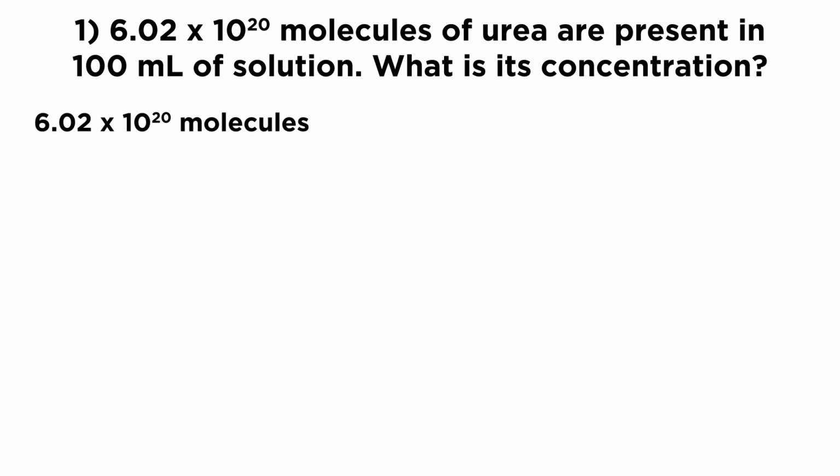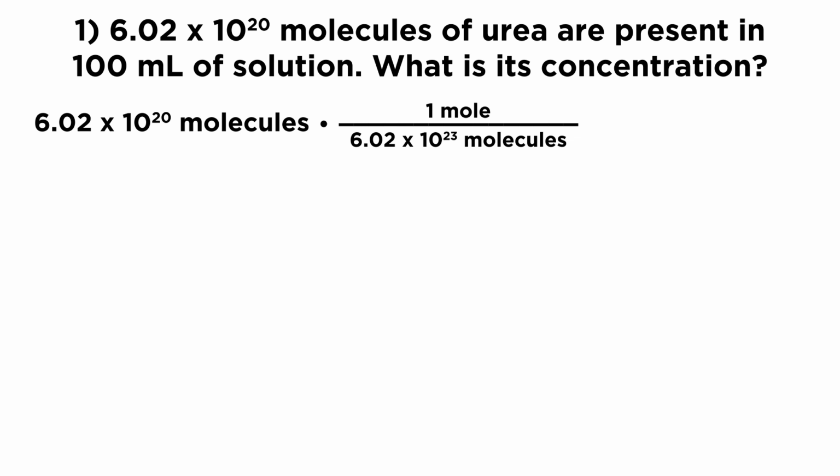So for this first question, the only data we have is 6.02 times 10 to the 20 molecules of urea. And it doesn't really matter what it is. It just happens to be urea. That's not really relevant. So let's take this information and get moles. Remember, we need the moles of solute in order to get a concentration. So let's use Avogadro's number.